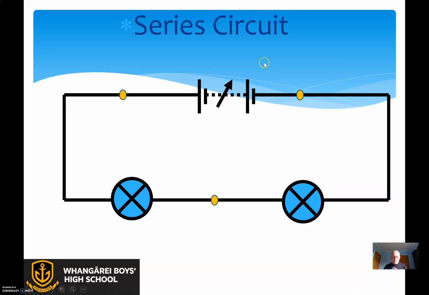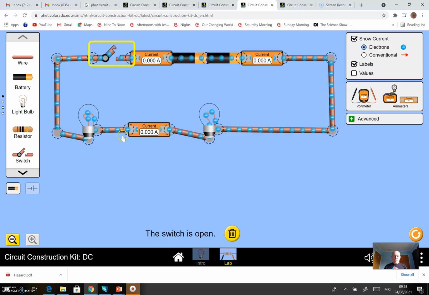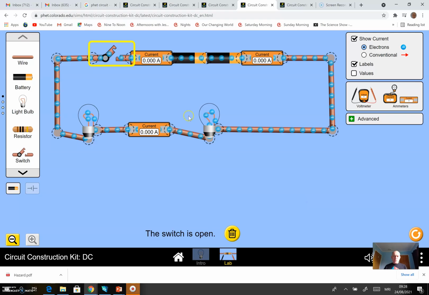So if we flick into here, you can see a voltage source, a couple of ammeters either side. Then the bottom, lamp, another ammeter, lamp, ammeter, lamp. And when you make this and turn on the switch, you'll be able to see the pattern of what's going on there.